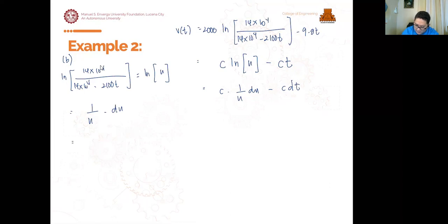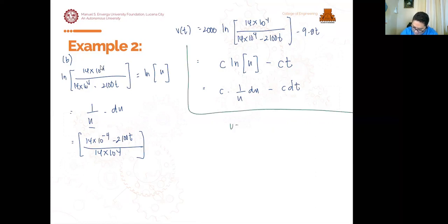So 1 over u, the first term, equals 14 times 10 to the 4 minus 2,100t all over 14 times 10 to the 4. Meaning, we just took the reciprocal of what is inside. Then, the derivative of u. Okay, here we put it in. So, our u is equal to 14 times 10 to the 4 all over 14 times 10 to the 4 minus 2,100t.